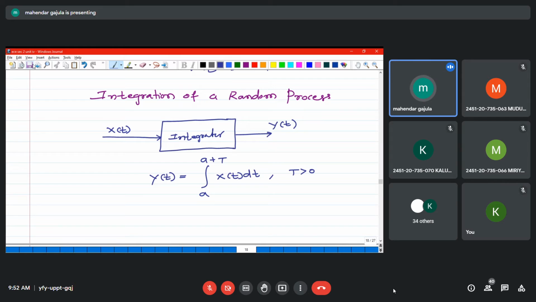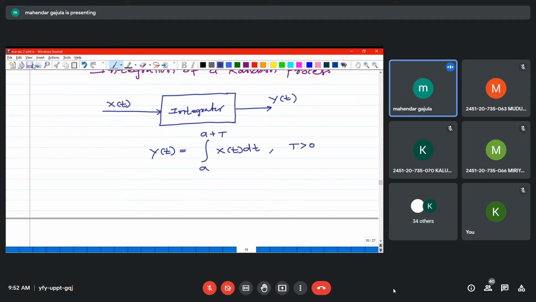Then we have to find the mean and variance of yt. That is our objective. How do you find the mean of yt? We just have to apply expectation. Expectation is always applied on a random process or random variable, so it is applied on xt only.